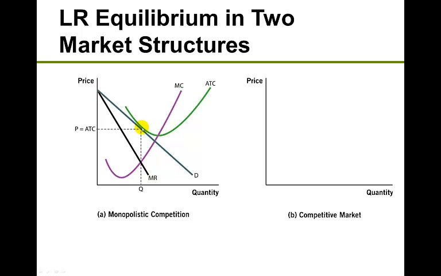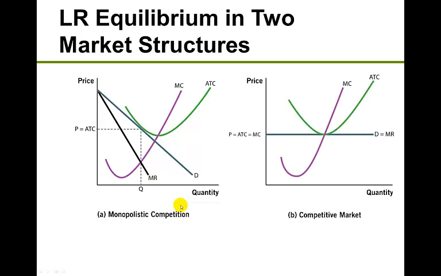Again, here's that tangency between the demand curve and average total cost curve at the quantity that's output. Well, here's what my perfectly competitive market looks like. Here in perfect competition, price is equal to minimum average total cost. It's equal to that point where average total cost crosses the marginal cost curve. So we would call this quantity of output the efficient quantity.